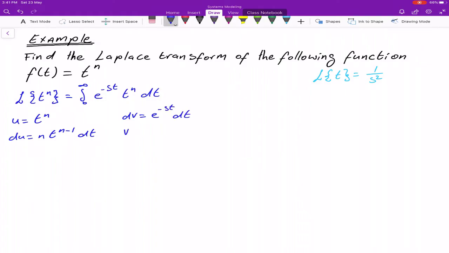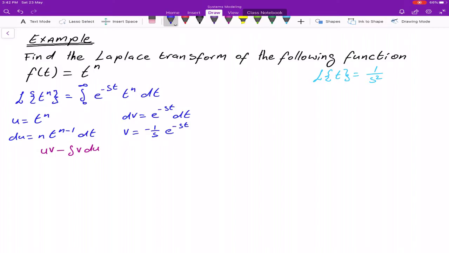Hence, the antiderivative of that will be minus 1 over s e to the minus st. Now we can use the integration by parts equation: uv minus the integral of v du.